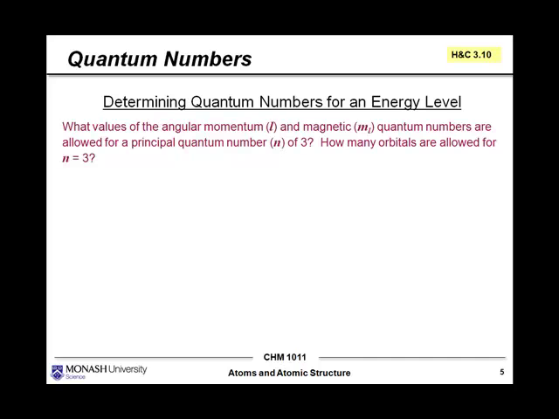And so here's a question about quantum numbers. Determining quantum numbers for an energy level. What values of the angular momentum l and magnetic ml quantum numbers are allowed for a principal quantum number n of 3? Let's draw this.